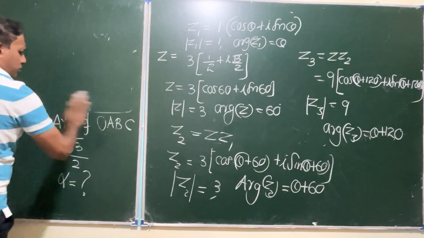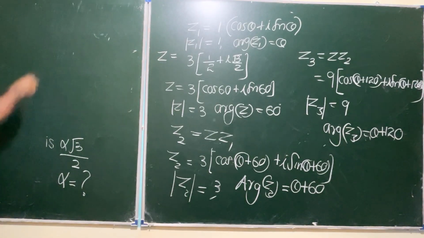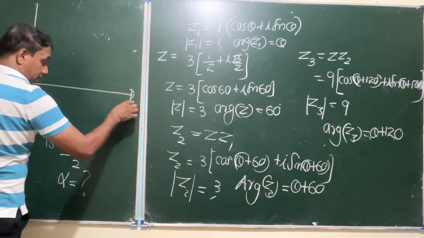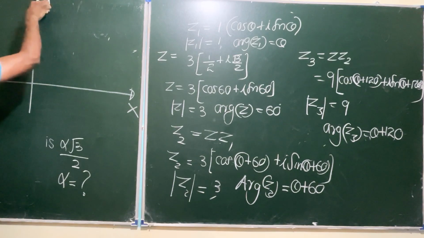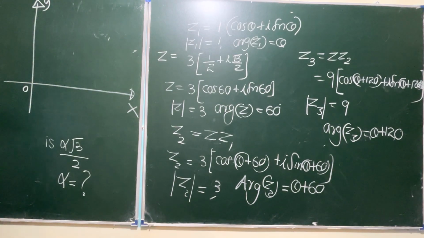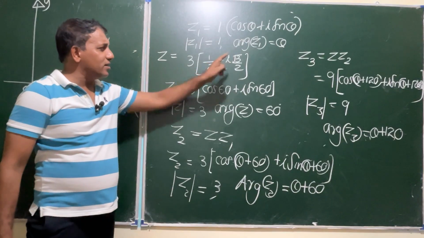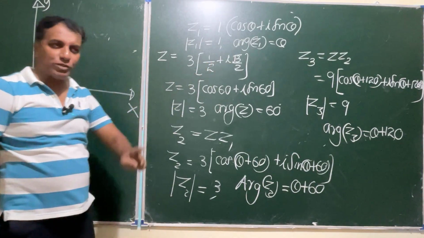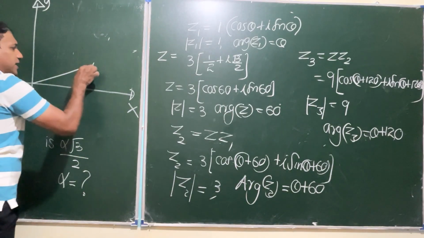So I'll show now and find that there's a quadrilateral. Okay, see my rough sketch in an Argand diagram. This is called the real axis or the x-axis. This is the imaginary axis or the y-axis. I take Z1 with modulus 1 and argument or amplitude theta. So can I write this by length OA?